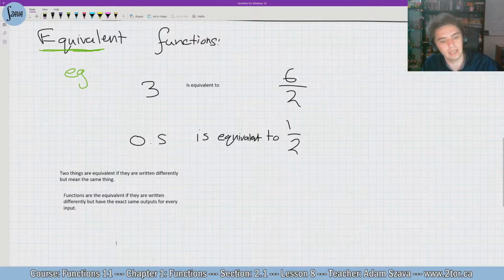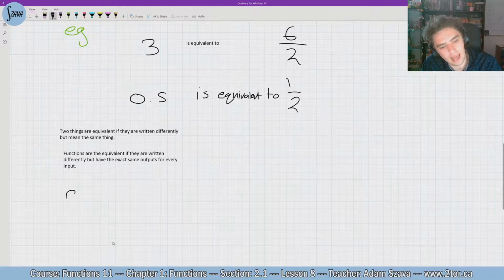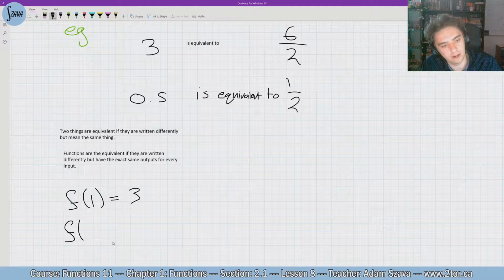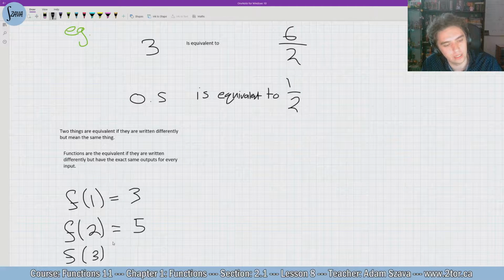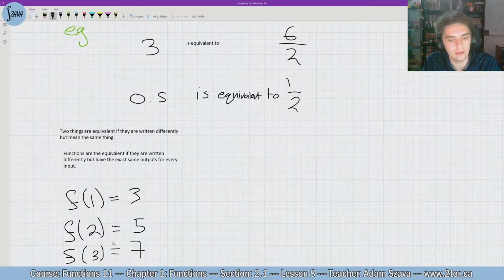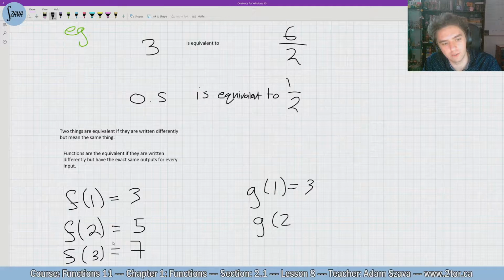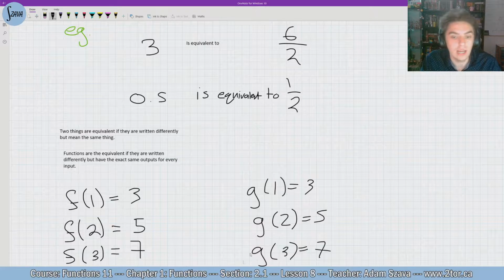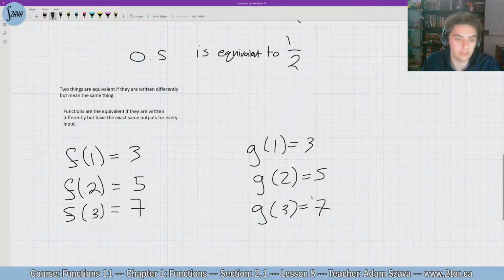So, for example, if f of 1 equals 3, f of 2 equals 5, and f of 3 equals 7, and then g of 1 equals 3, g of 2 equals 5, and g of 3 equals 7, so far they are equivalent. So far, it looks like they are equivalent.